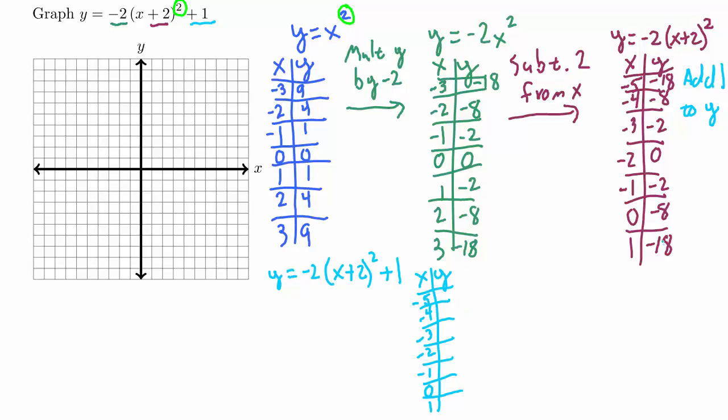But all of these y values, I need to add 1 to them. So -18 plus 1 is -17. -8 plus 1 is -7. -2 plus 1 is -1. 0 plus 1 is 1. -2 plus 1 is -1. -8 plus 1 is -7. And -18 plus 1 is -17.